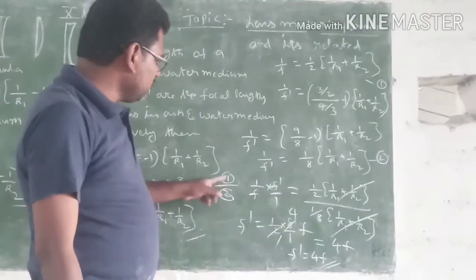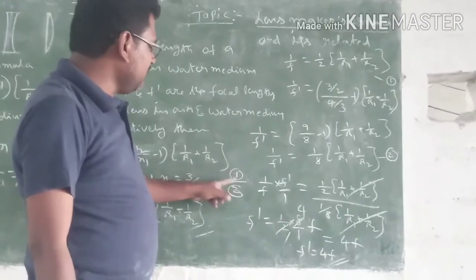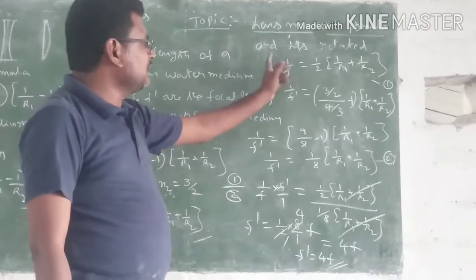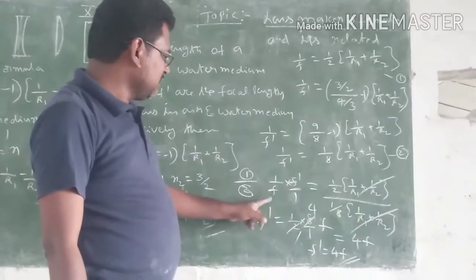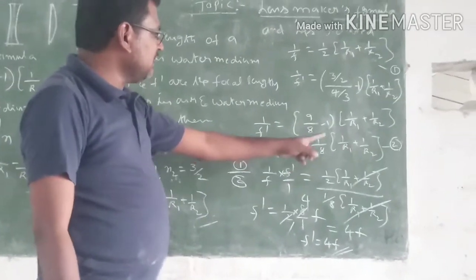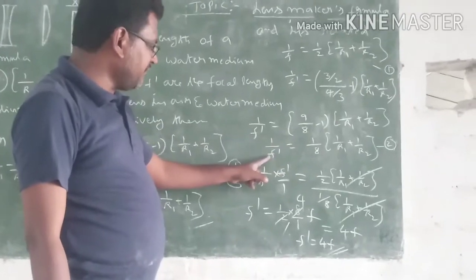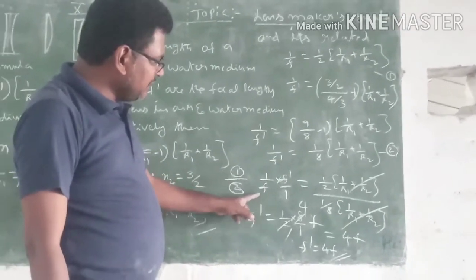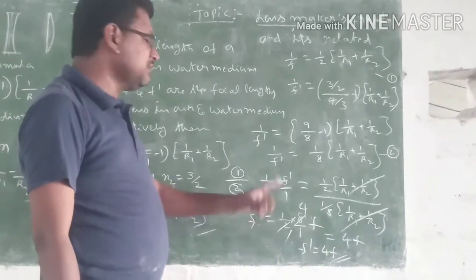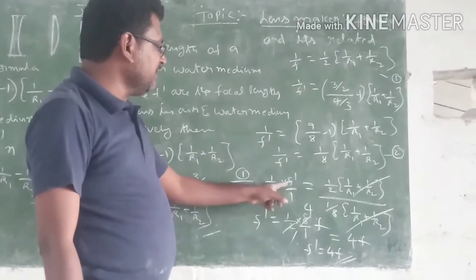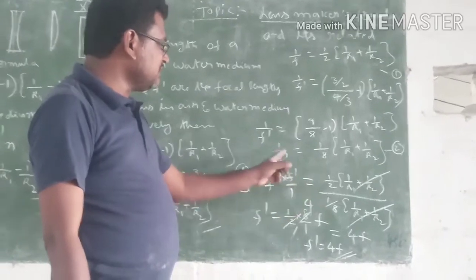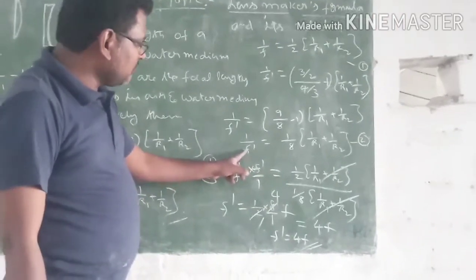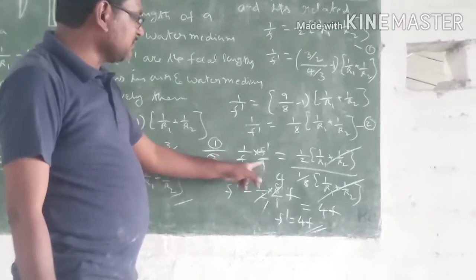Now let's divide equation 1 by equation 2. The left side of equation 1 is what? 1 by f, divided by the left side of equation 2, 1 by f dash. 1 by f divided by 1 by f dash can be written using a multiplication symbol as 1 by f into the reverse of the second, 1 by f dash, that is f dash by 1.